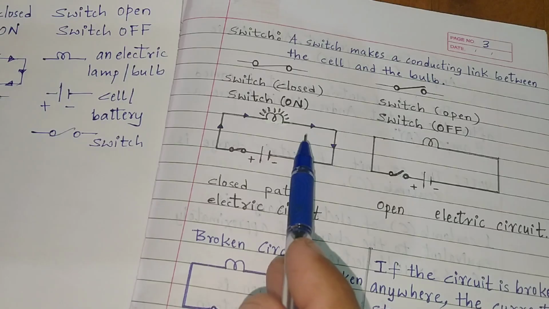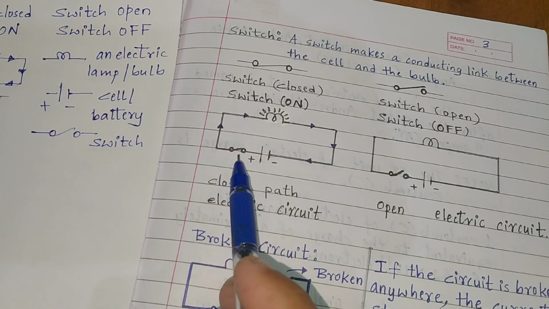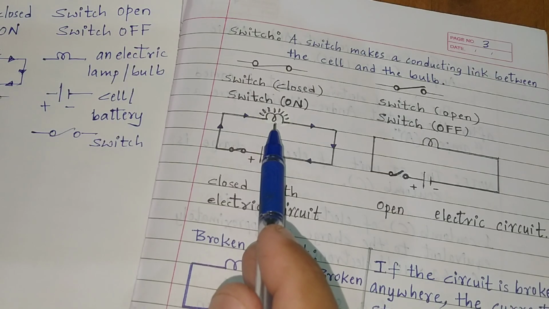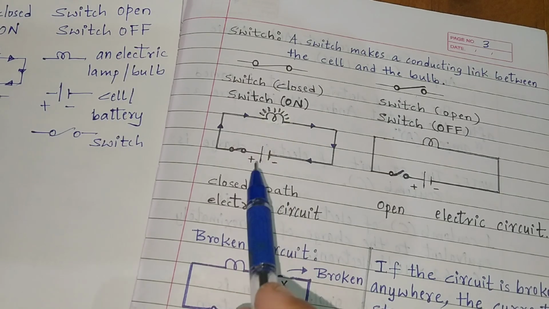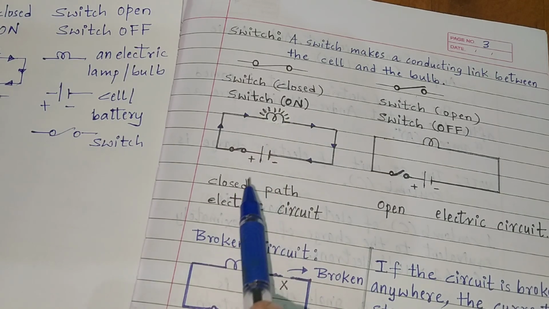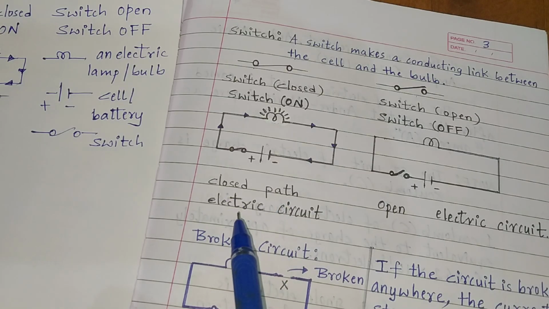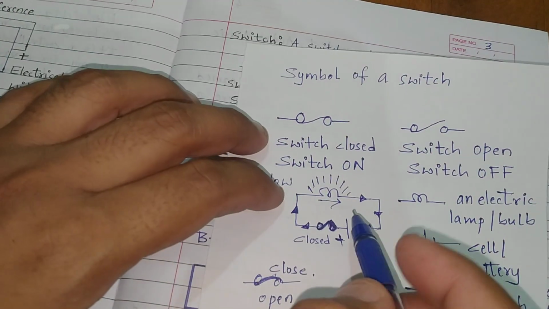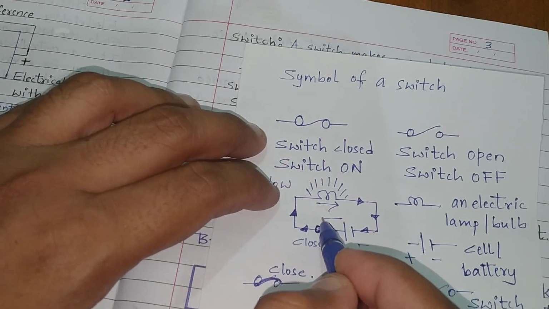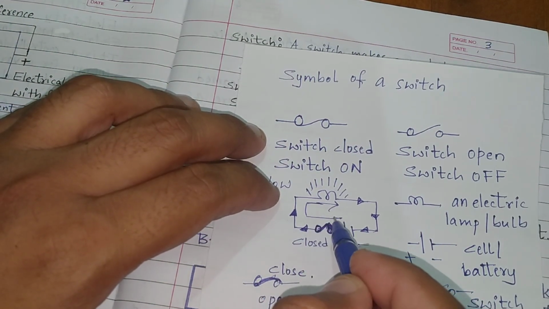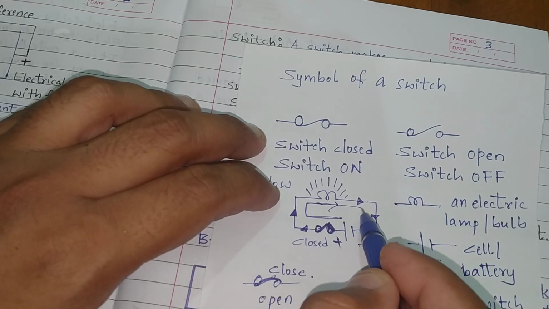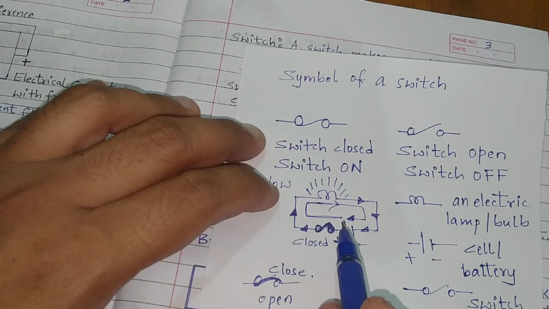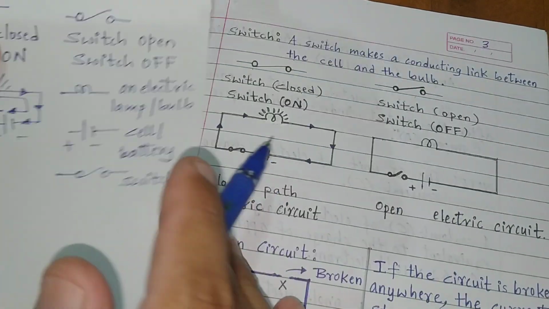So it is a completely closed path when switch is closed. So an electric lamp or bulb will glow. Now it is a figure of closed path electric circuit. Closed path electric circuit.